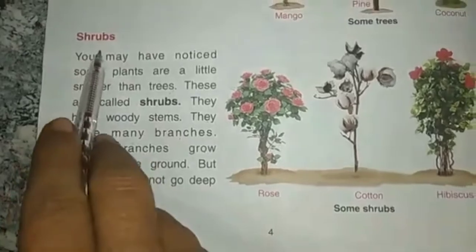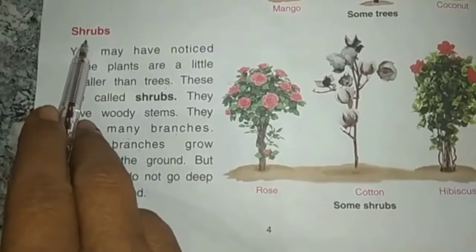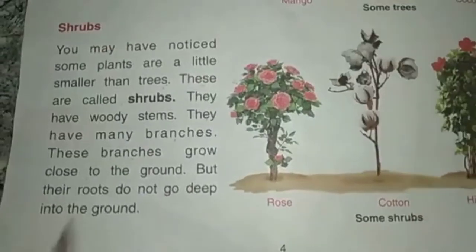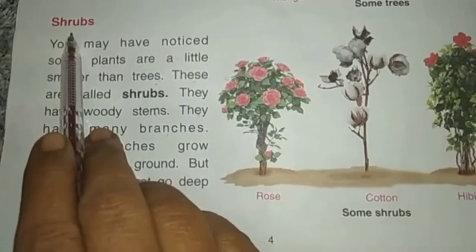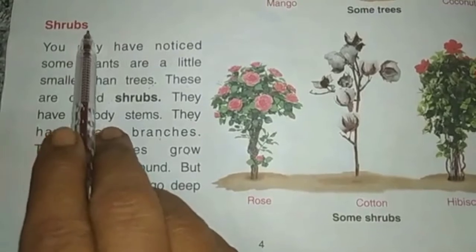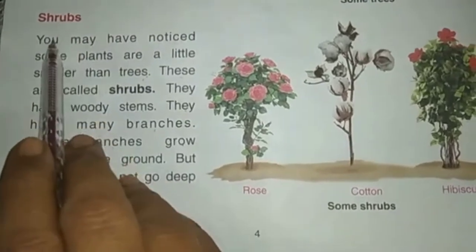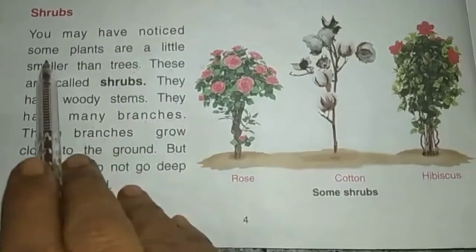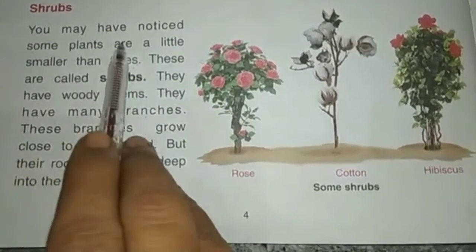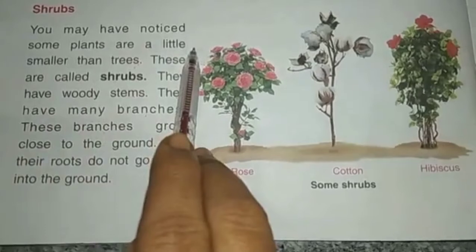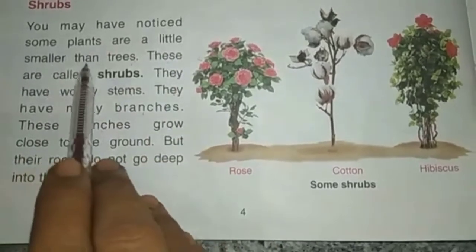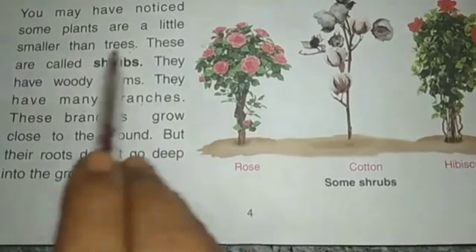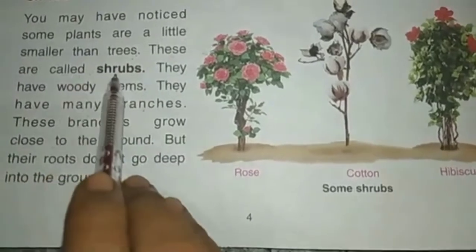Next one, shrubs. S-H-R-U-B-S. Shrubs. You may have noticed some plants are a little smaller than trees. These are called shrubs.